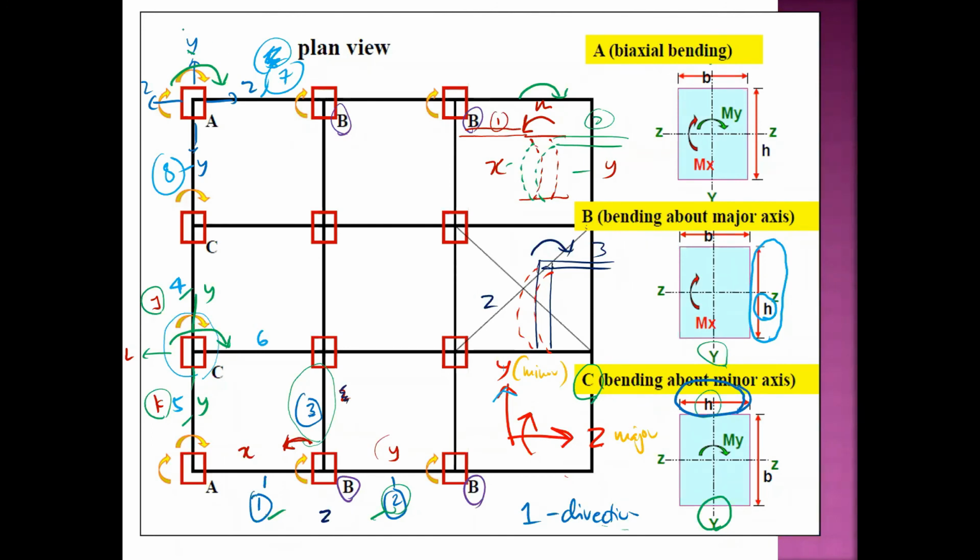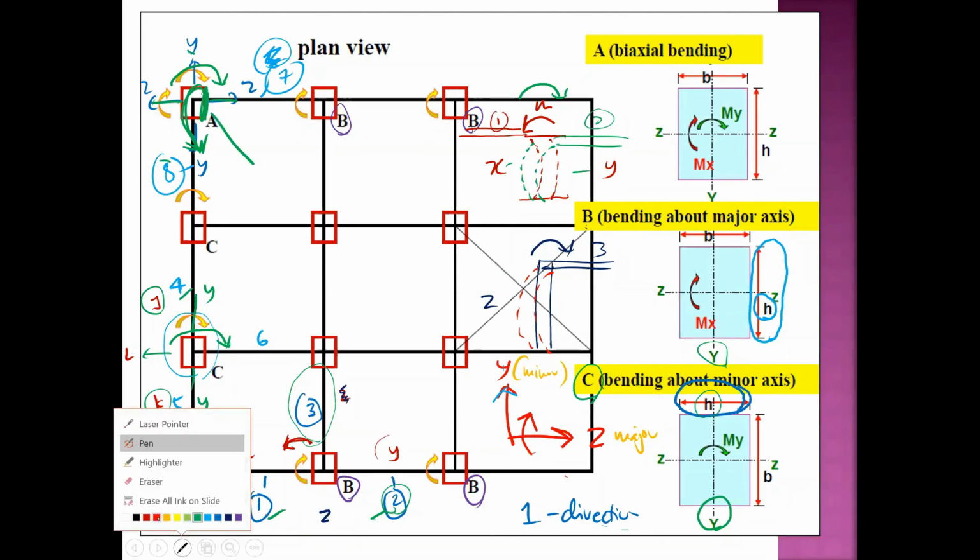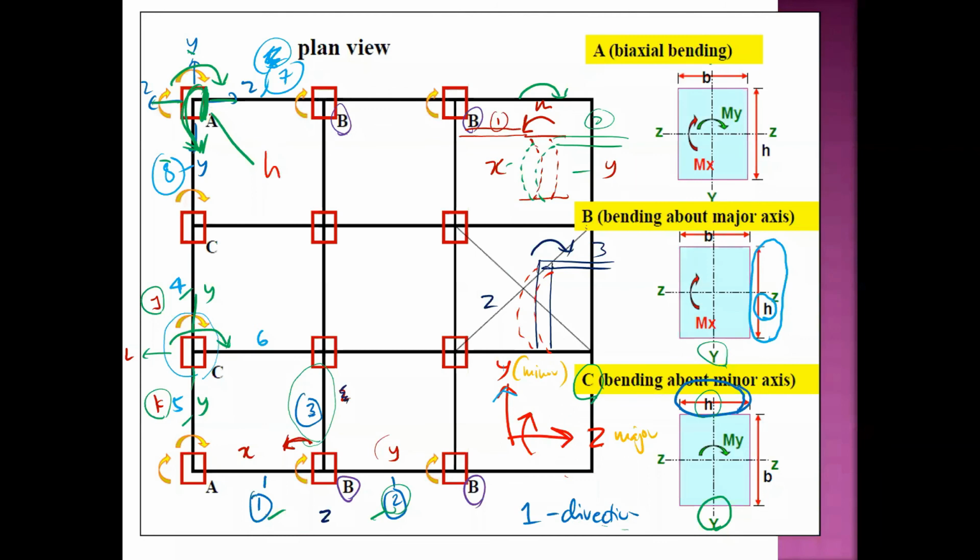However, beam number 8 will cause the column to bend around the major axis, which is Z. So the longer side here is now H, like this one.